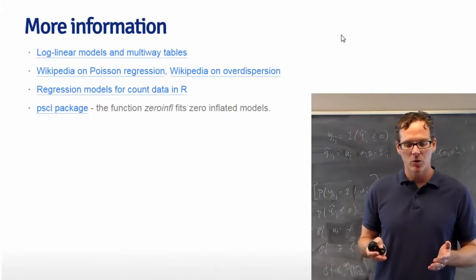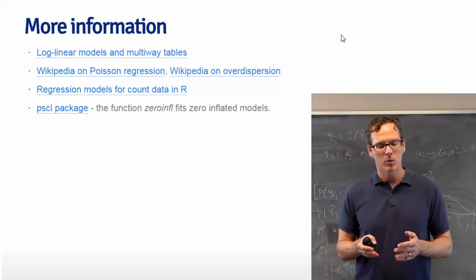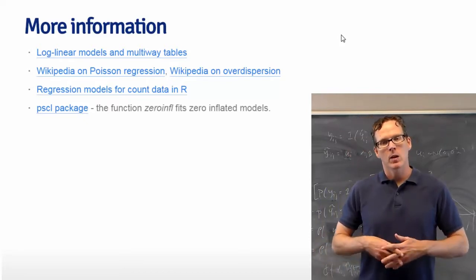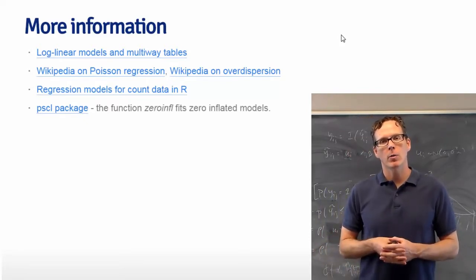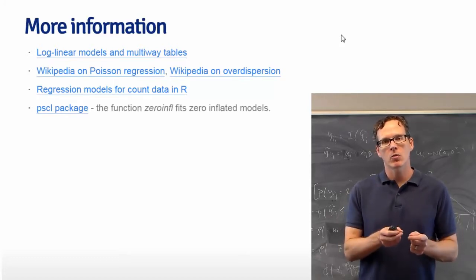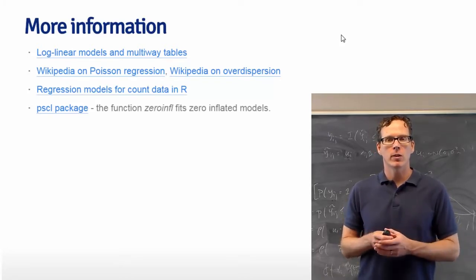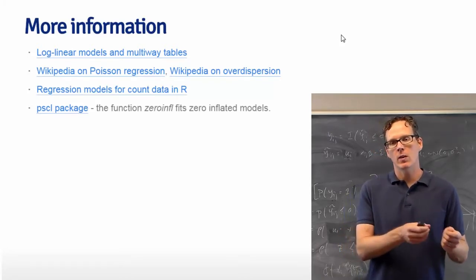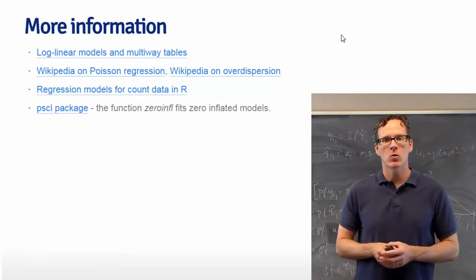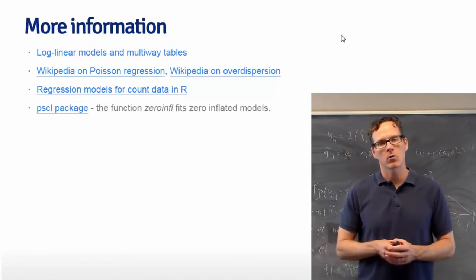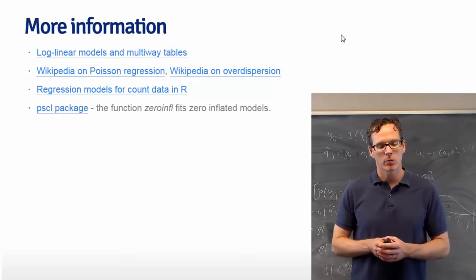So you can get more information on log linear models and multi-way tables. Another very common problem that occurs in Poisson data is when the particular number 0 occurs way more often than the Poisson model would allow it to if it wants to fit the other counts. This is called zero inflation.